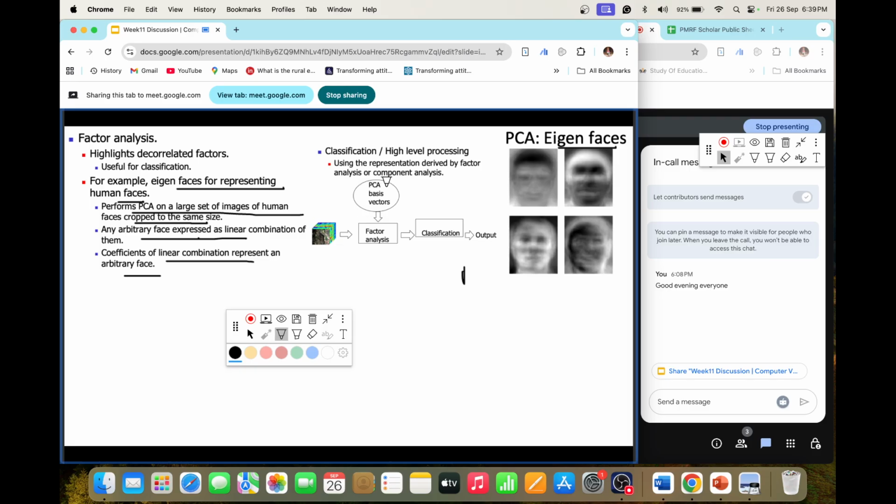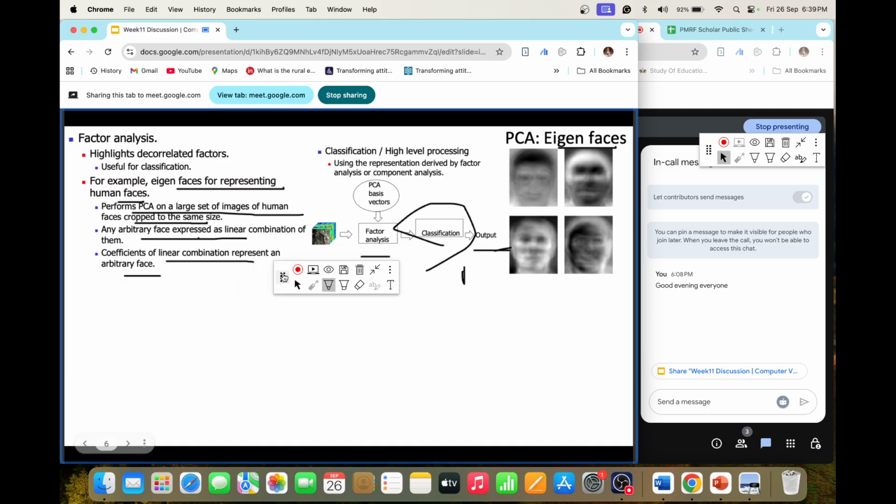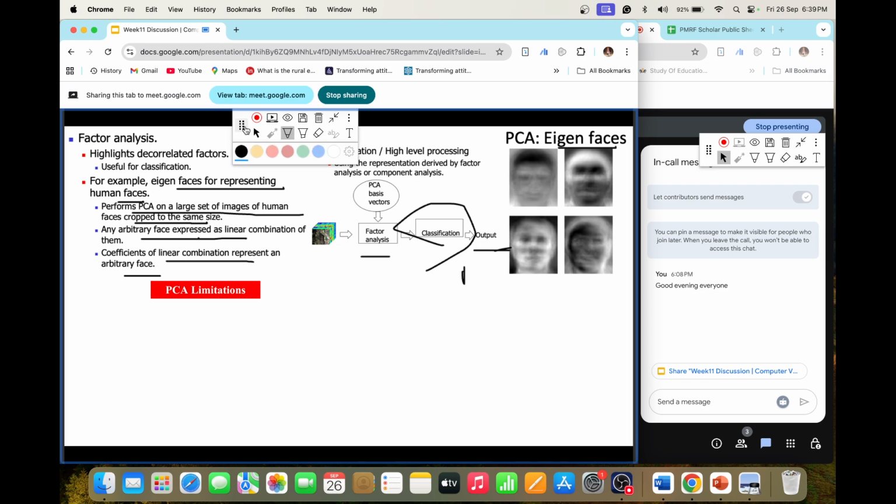These are the images, then you do this factor analysis, and after that you can add one principal component one by one, and by this you can do the classification and get the output. Okay, so this is regarding PCA. One application I will also show during the last coding part, so that will be more clear.